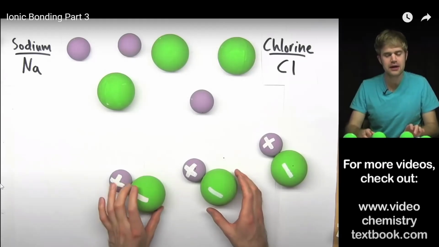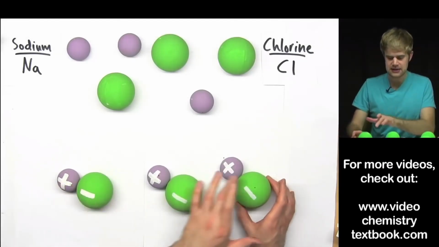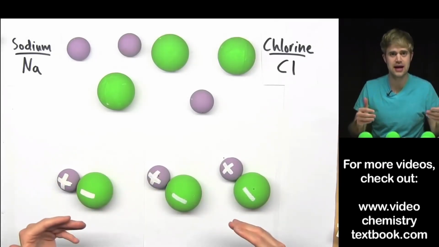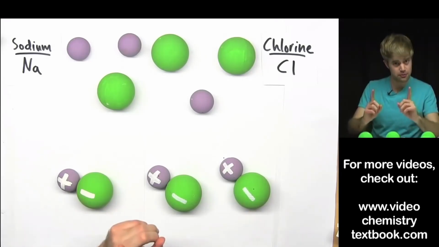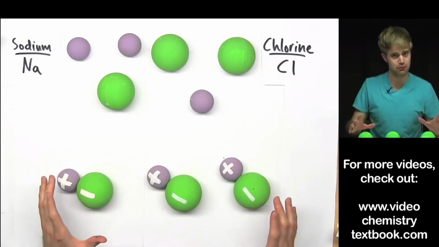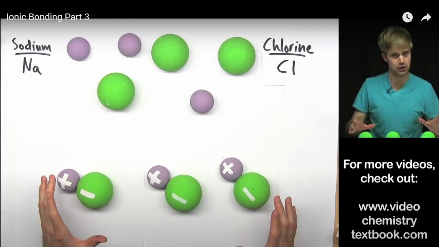But here's the thing. These guys wouldn't stay separate. This is super important. They wouldn't stay separate. Can you think what they would do if they're not staying separate? They're going to connect. And purple is going to connect to green.